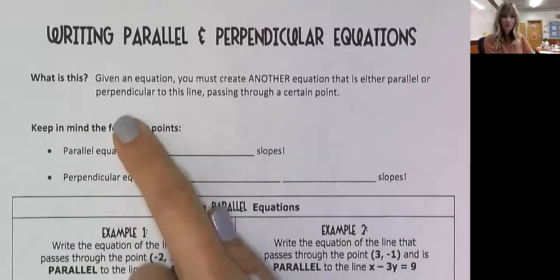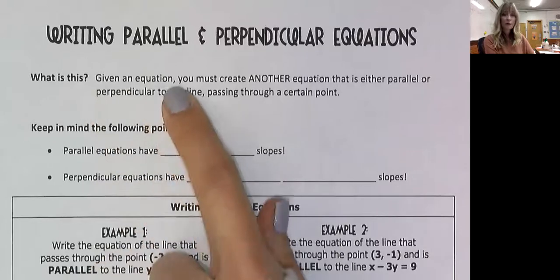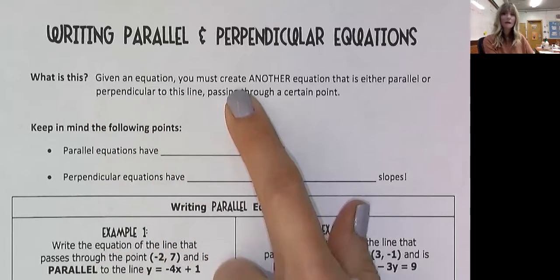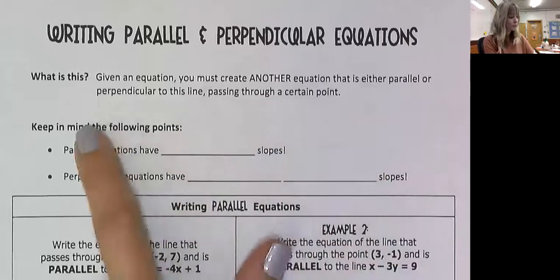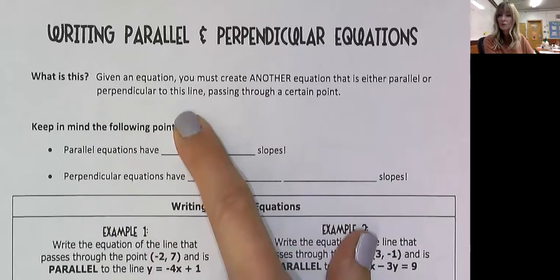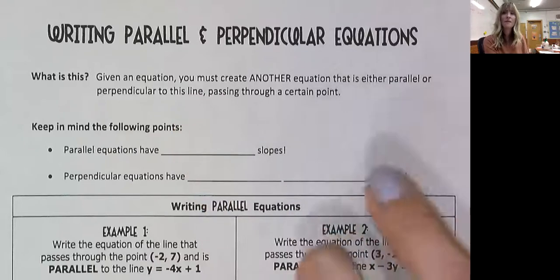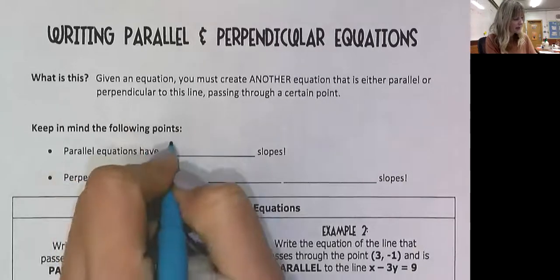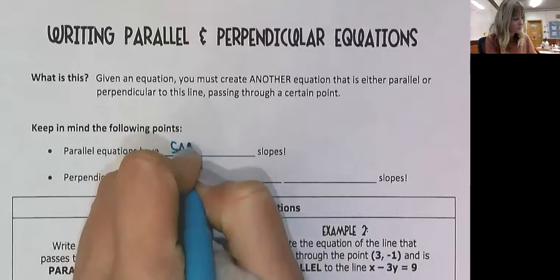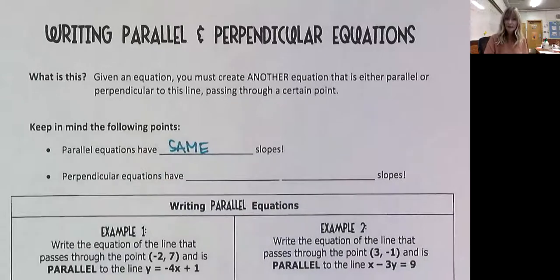So what are we doing here? Given an equation, you must create another equation that is either parallel or perpendicular to that line given to you, but it needs to pass through a specific point. Just a couple of reminders. Parallel equations have the same slopes. The slopes must be the same.